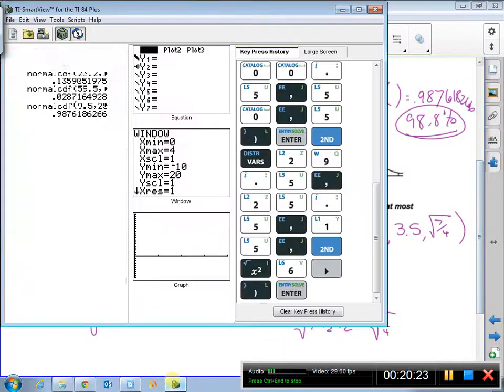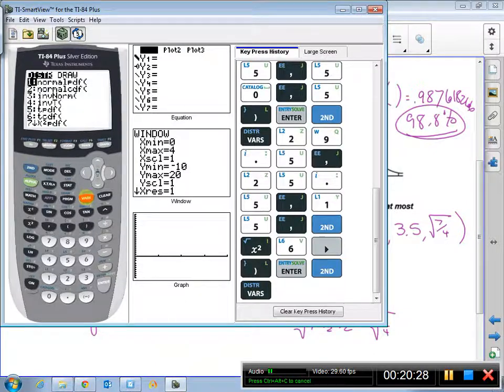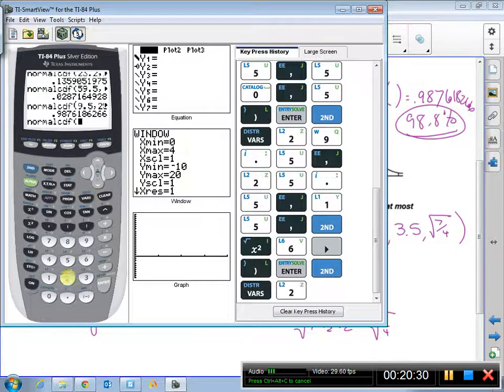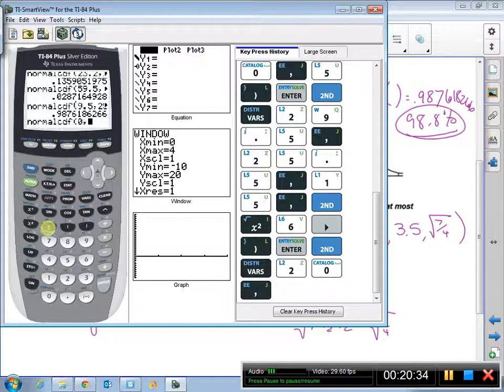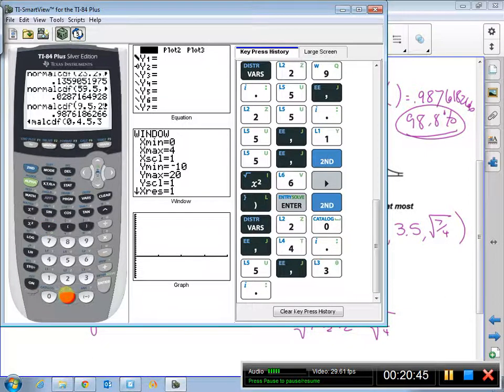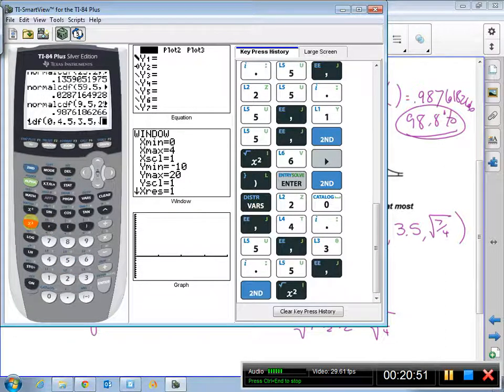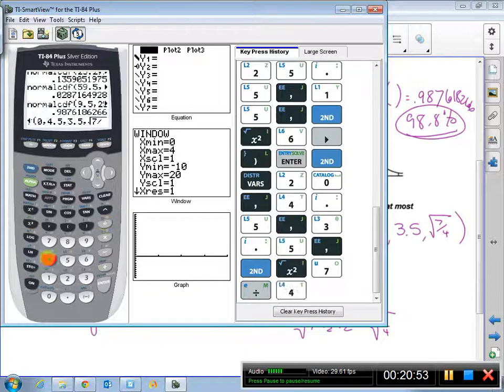So, second distribution, and our choice is 2, and our low is 0, comma, our high was 4.5, comma, we had 3.5 for our mean, and the square root of 7 divided by 4.